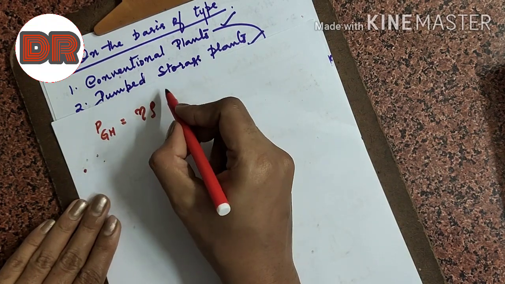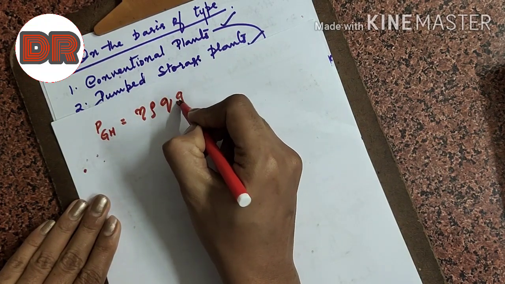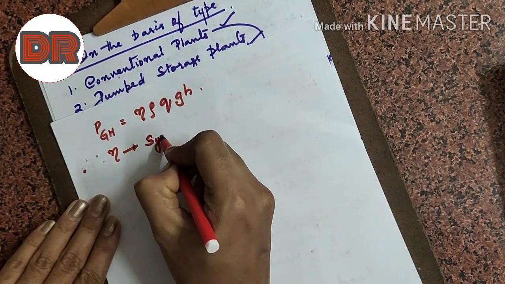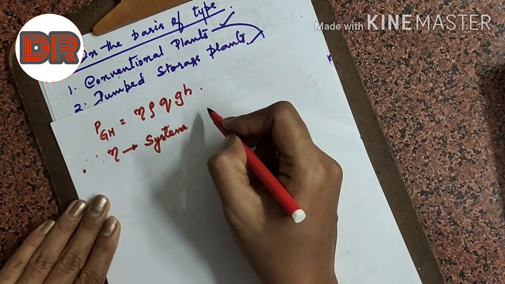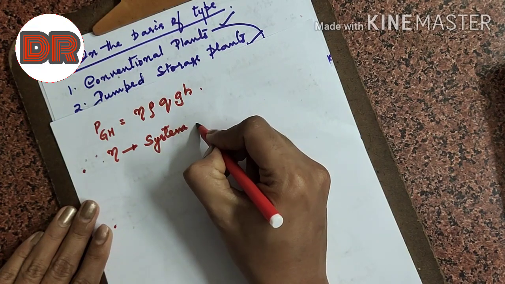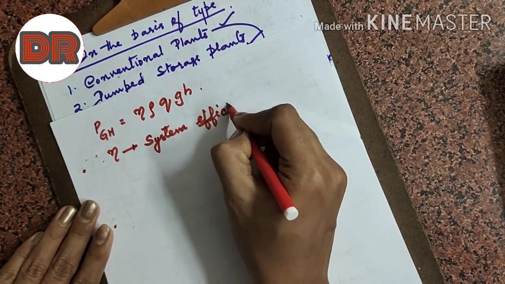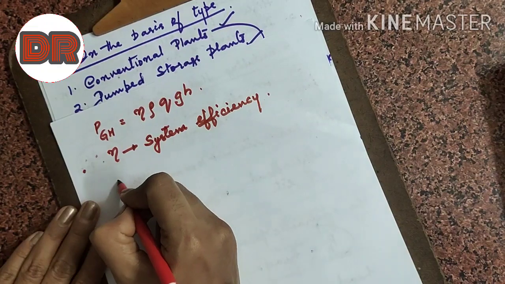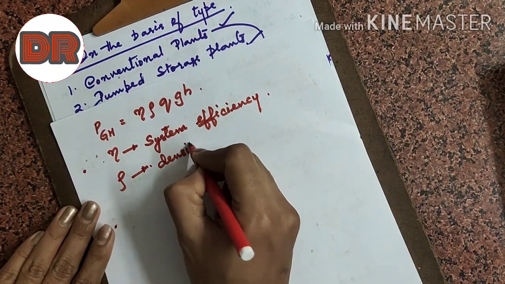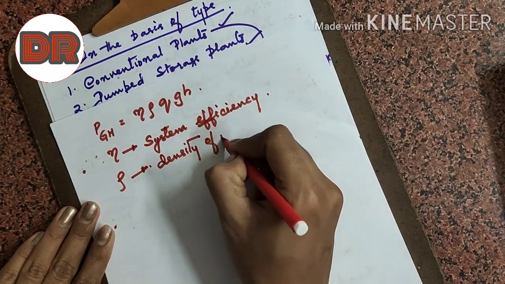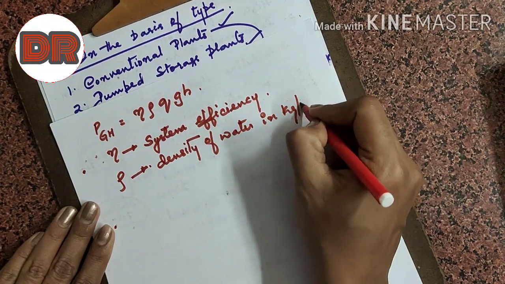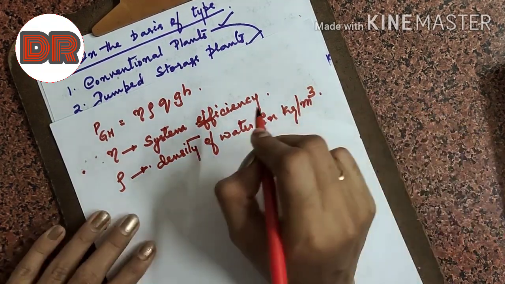When I say system efficiency, both the turbine and generator efficiency are considered together, and rho is the density of water, in kg per meter cube.